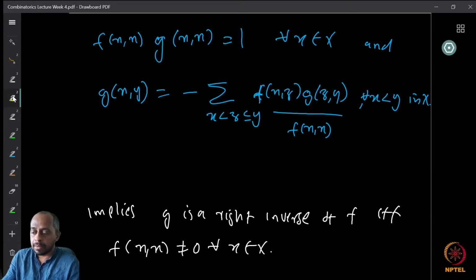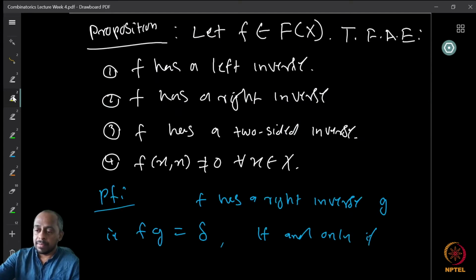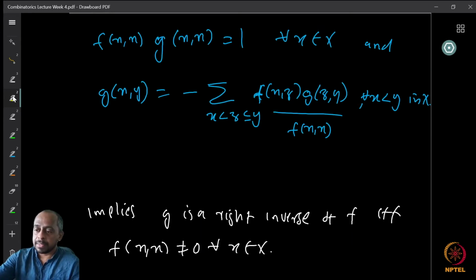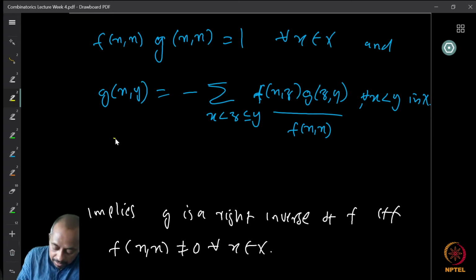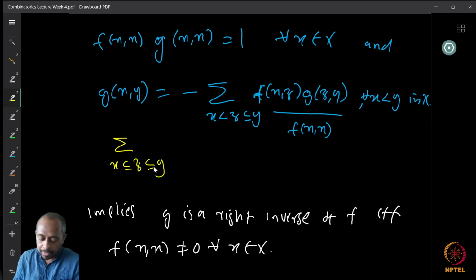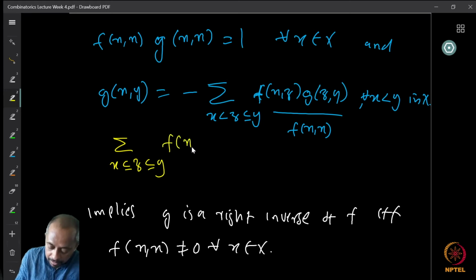If you look at the convolution product, fg is defined to be the summation over all z with x less than or equal to z less than or equal to y, so fg of x comma y is the summation of f of x comma z times g of z comma y.